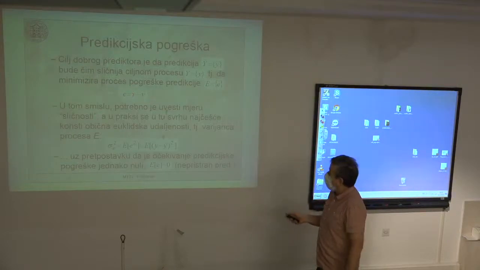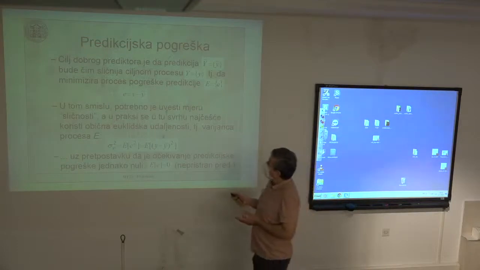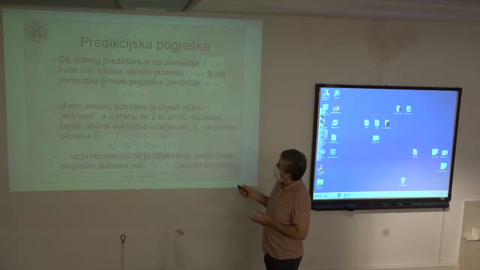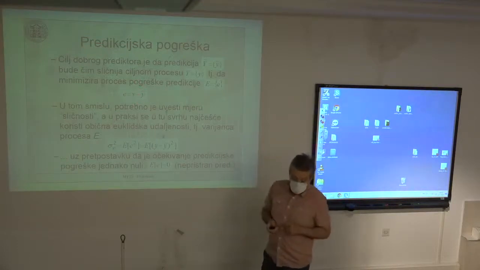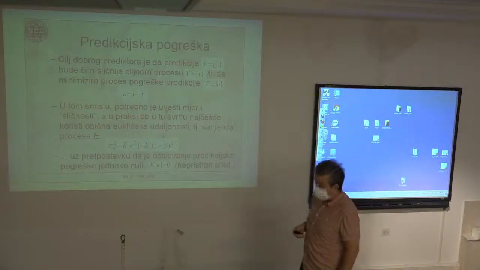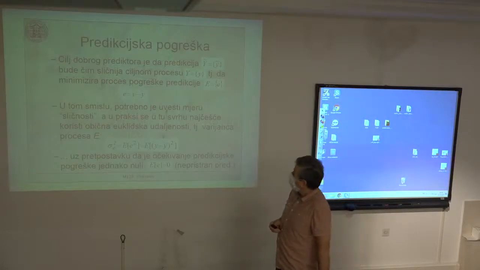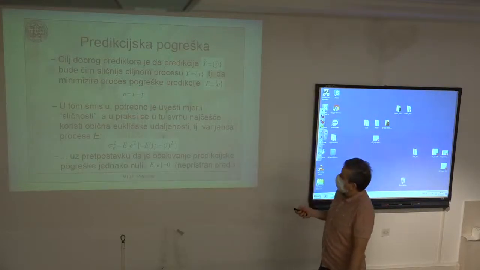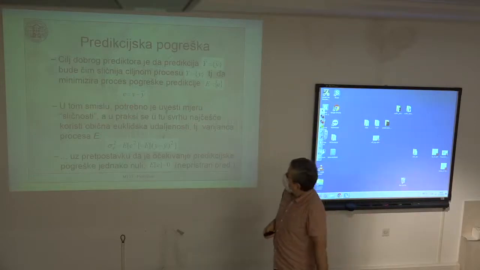And when I say it must be a small value, it must be a good prediction, I must introduce some kind of criteria that will be used to measure how good this prediction is. Typically, in practical applications, a simple Euclidean distance is used to measure this fitness.